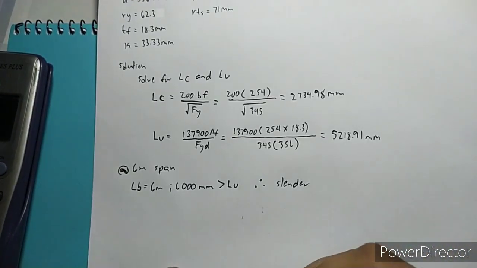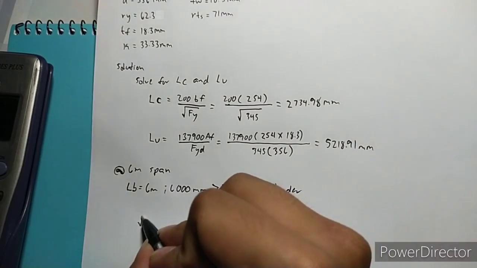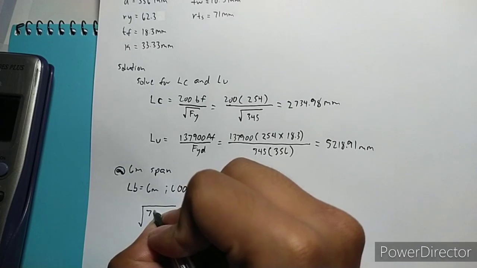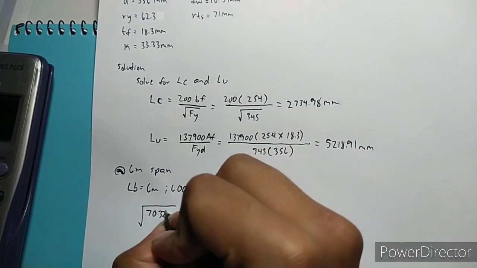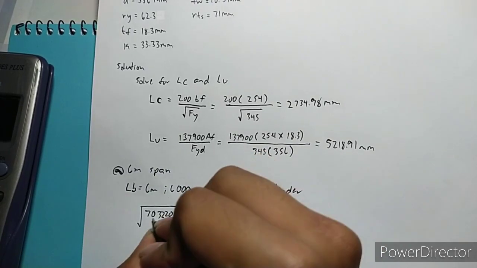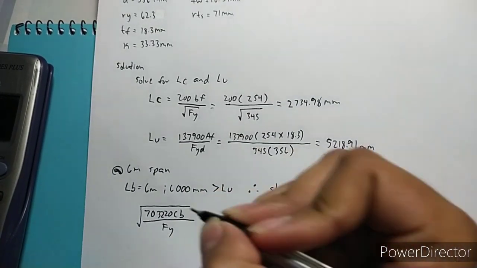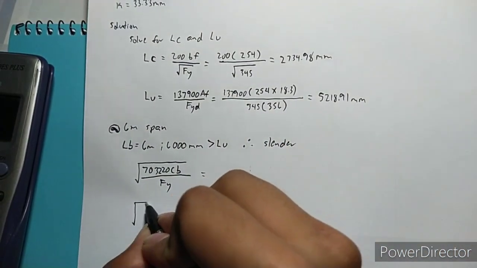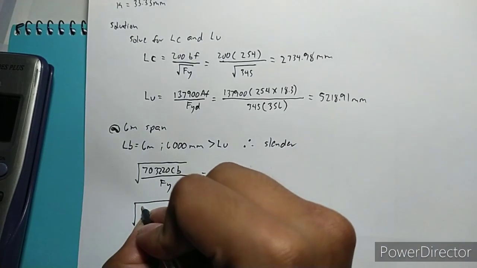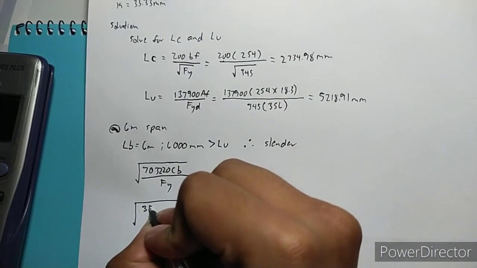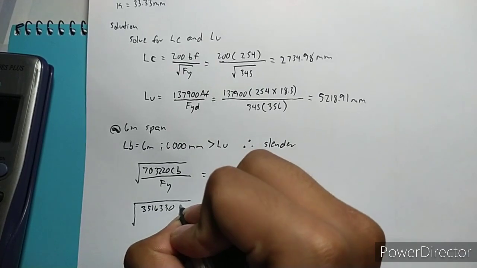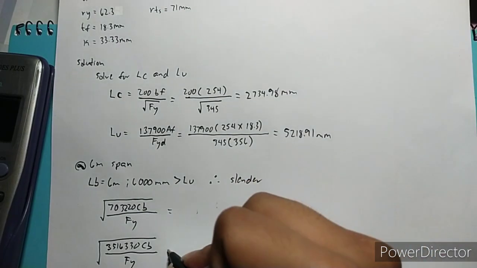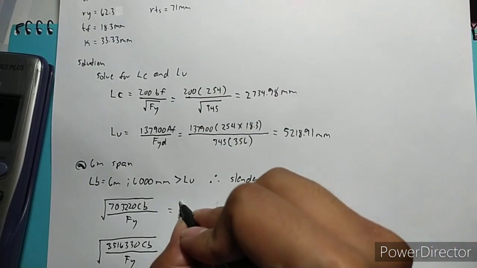So, for slender, meron tayong dalawang formula. So, ang una is 703,220 Cb over the Fy. And yung pangalawa naman na formula is 3,516,330 Cb over Fy. So, compute natin tong isa.